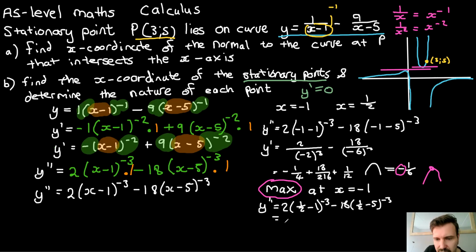And so we get 2 over -1/2 cubed, and 18 over -9 over 2 cubed. So this one will be then -1/8.